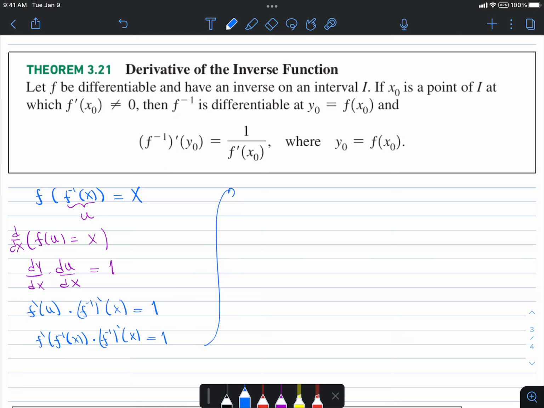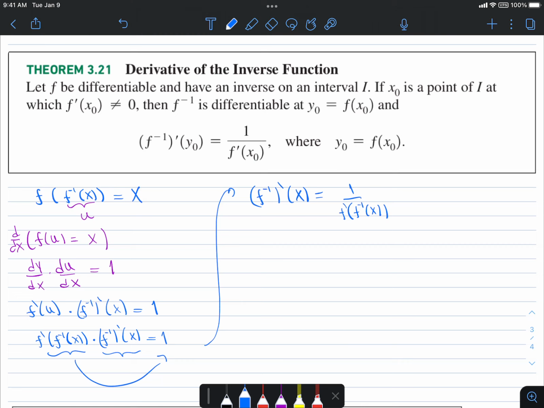So if I reorganize things, this is what I want to know, the derivative of the inverse. I'll divide on the other side to get that f inverse prime of x, the derivative of the inverse, is 1 over f prime of f inverse of x.